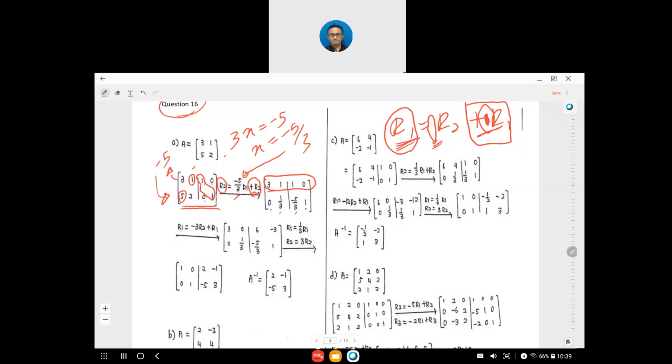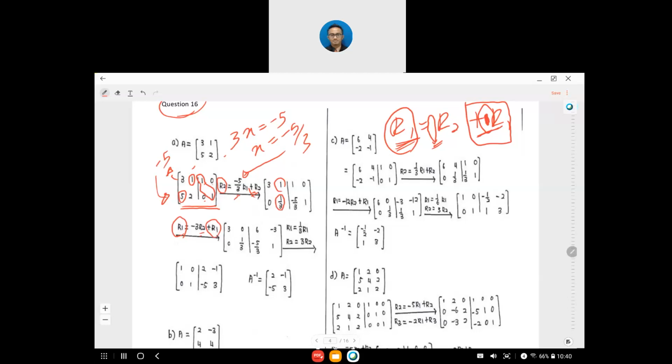Next, we want to transform this 1 to become 0. How? You want to change 1 to become 0. So kita tahu yang kita kena guna apa? R1 plus R1, of course dengan R2 lah. So now, how to make this 1 over 3 become negative 1?